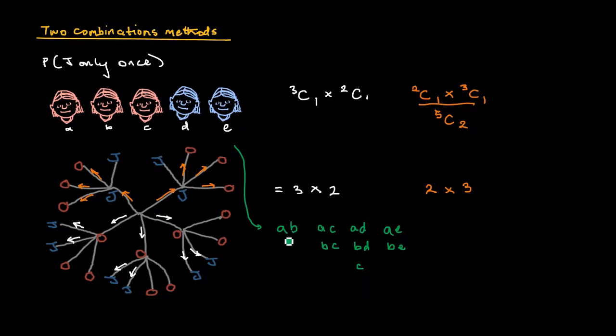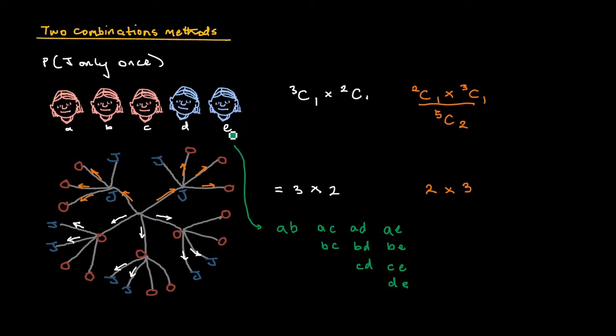I can't choose CA because I've already got AC. I can't choose CB because I've already got BC. So CD or CE. And finally, if I take my D, I can't choose DA, DB, DC, or DD, so DE is the only option that I've got here.